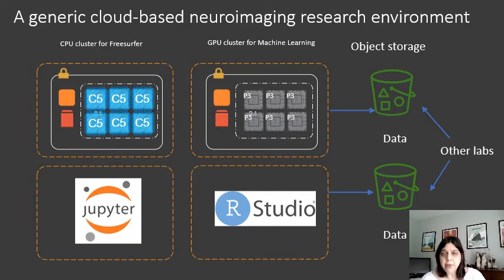Maybe you need a productivity tool, not shown here, for example, like a Windows desktop. And this would be what that would look like. And you would save your data, of course, on object storage, and then share those data sets with other labs who may come to your site to then create new environments of their own.